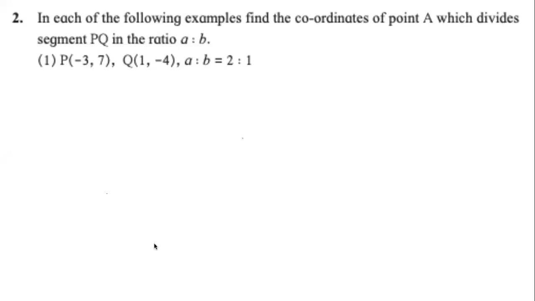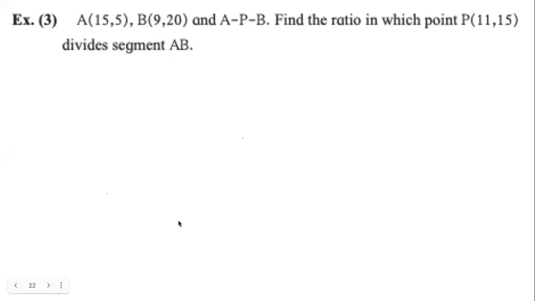Another type of question is like this, which is example number 3 from page number 113. Remember, I'm skipping example number 2. We will go there later. Example number 3 reads, A is a point with coordinates 15 and 5, and B is another point with coordinates 9 and 20.